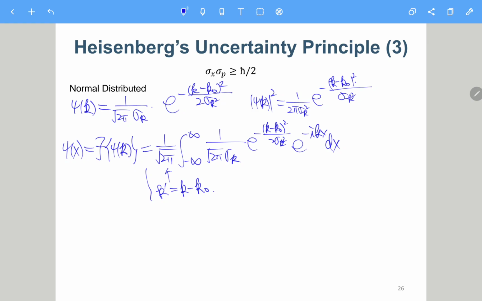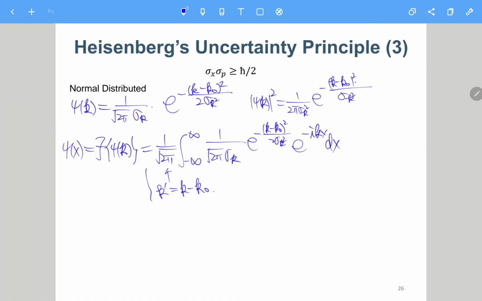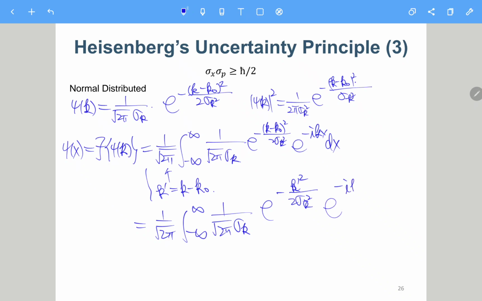So it will look like 1 over square root of 2 pi, integral from negative infinity to infinity, and then we have 1 over square root of 2 pi sigma k, exponential to minus k prime square over 2 sigma k square, and then exponential to minus i k prime x dk prime.